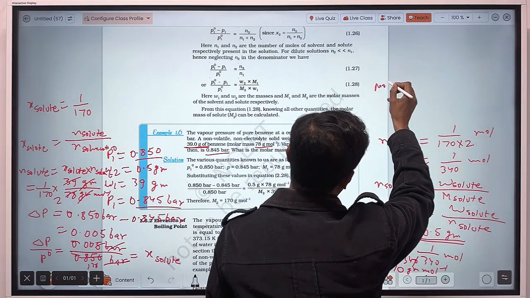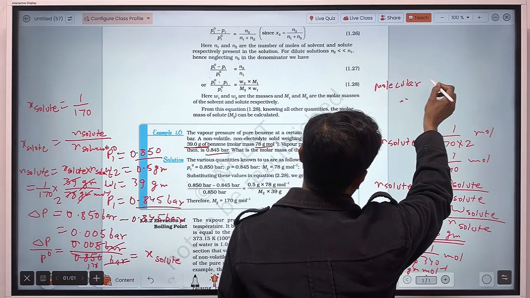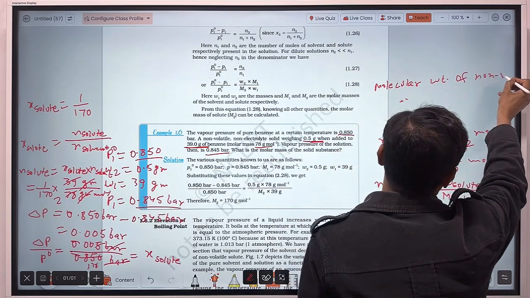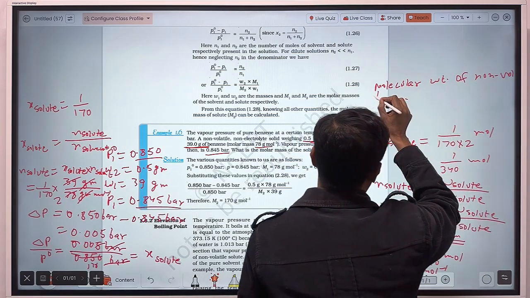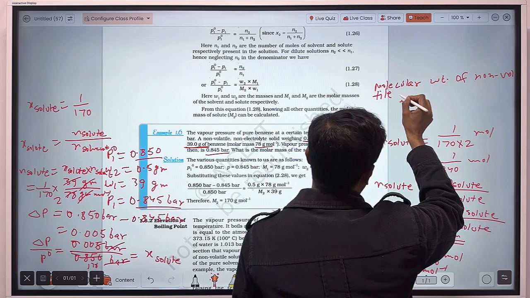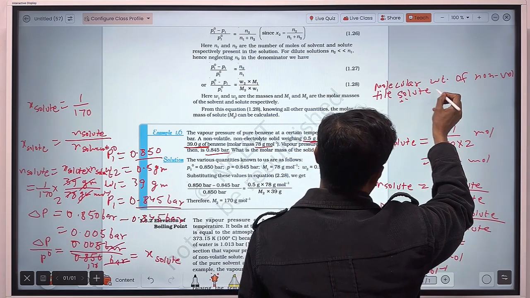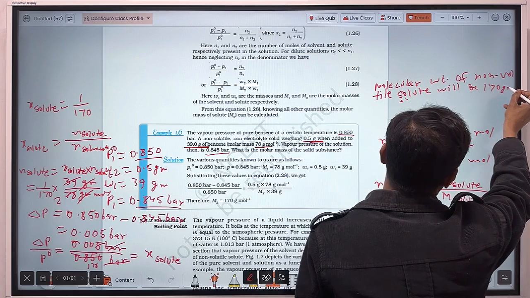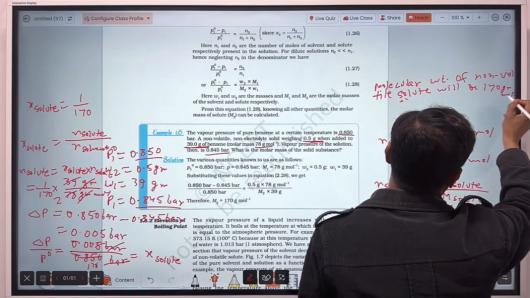So that means the molecular weight of the non-volatile solute will be 170 gram per mole.